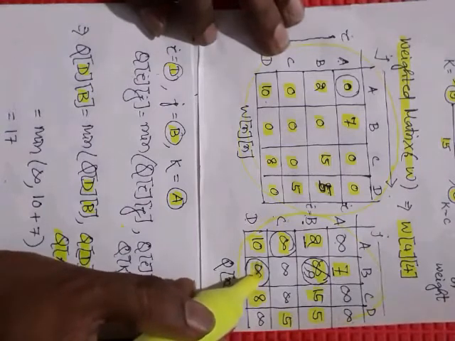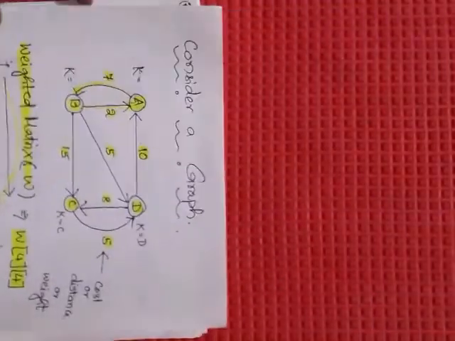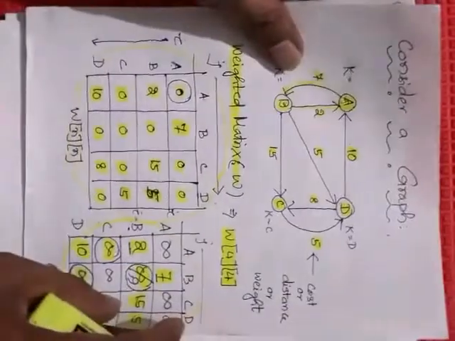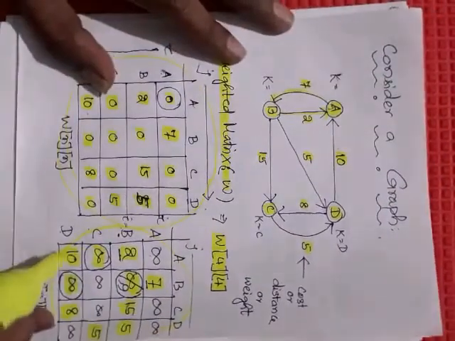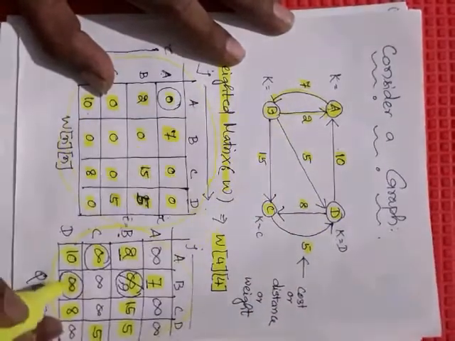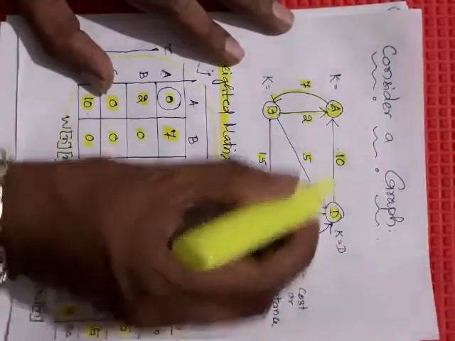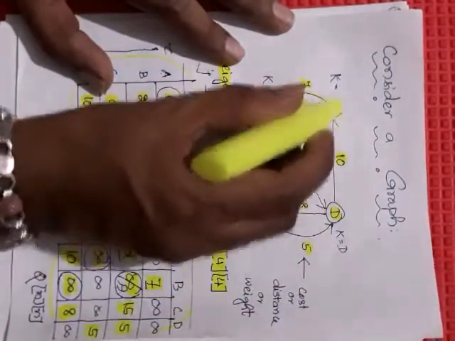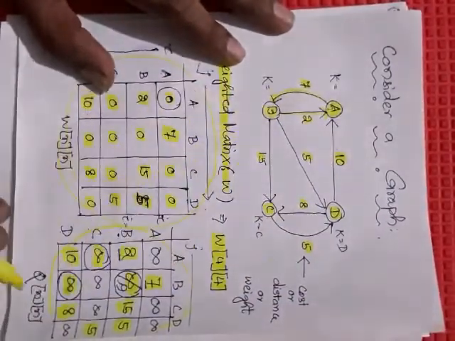If we verify the graph, for Q of d to b there is no edge, that is why it is infinite. But d to a and a to b, that is 10 plus 7, so we have 17.